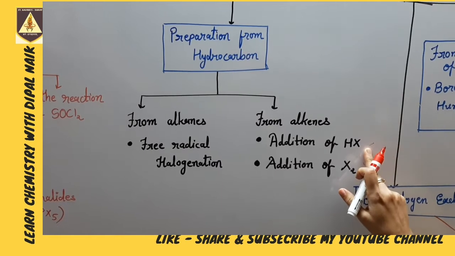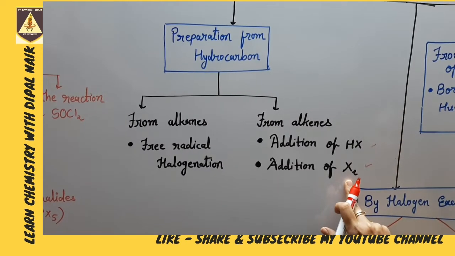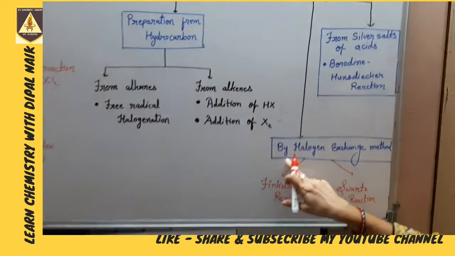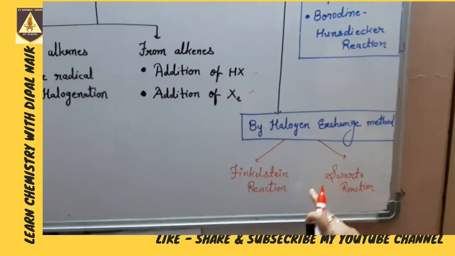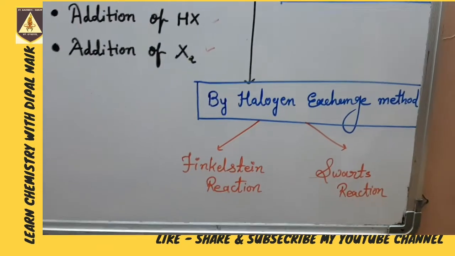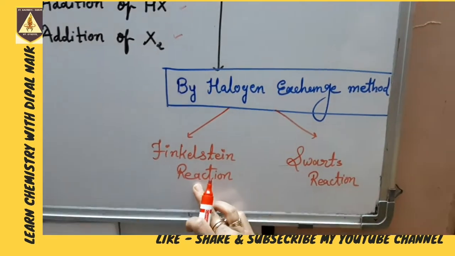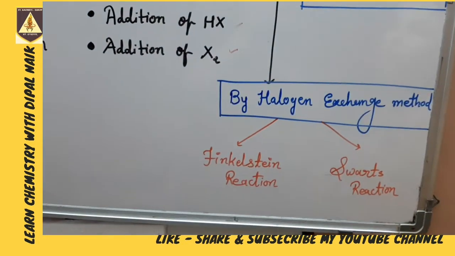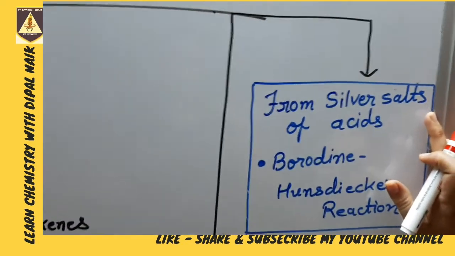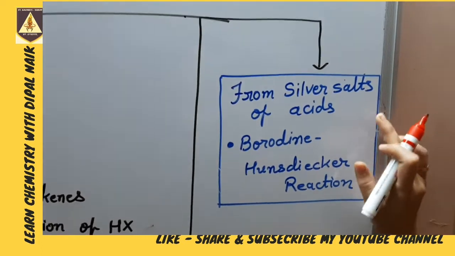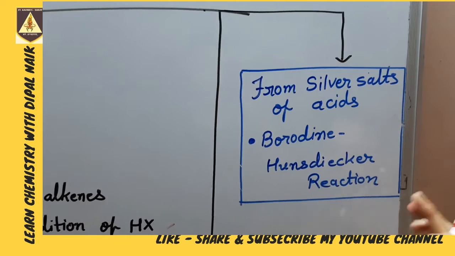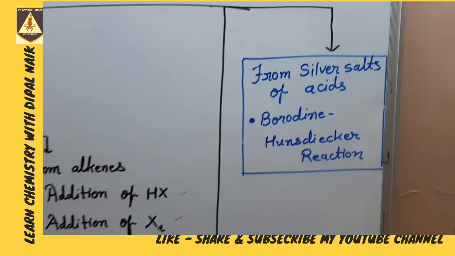HX is halogen acid and X2 is halogen molecules. By halogen exchange method, here we learn the specialized reactions called Finkelstein reaction and Swarts reaction. And fourth one is from silver salt of acid. This reaction is also called Borodin-Hunsdiecker reaction.